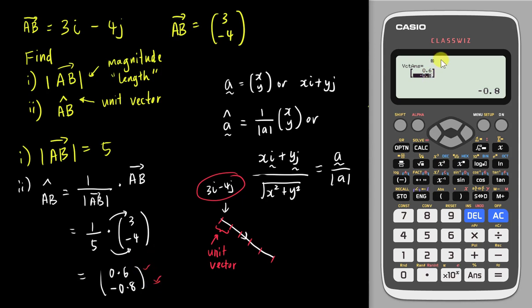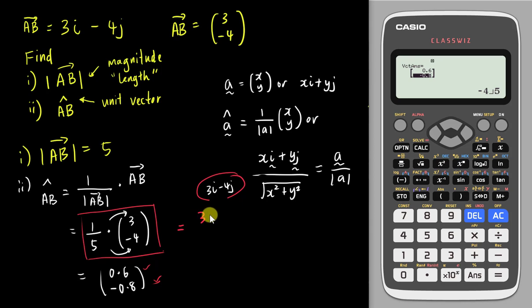The problem with this calculator is that it will always simplify in decimals. Of course, you can still use the S to D button to change it to a fraction, but this calculator will not show it in this form. Because normally in the SPM exam, you can leave your unit vector in this form, which is 1 over 5 multiplied by the column vector 3, negative 4, or sometimes students will leave it in i and j form.